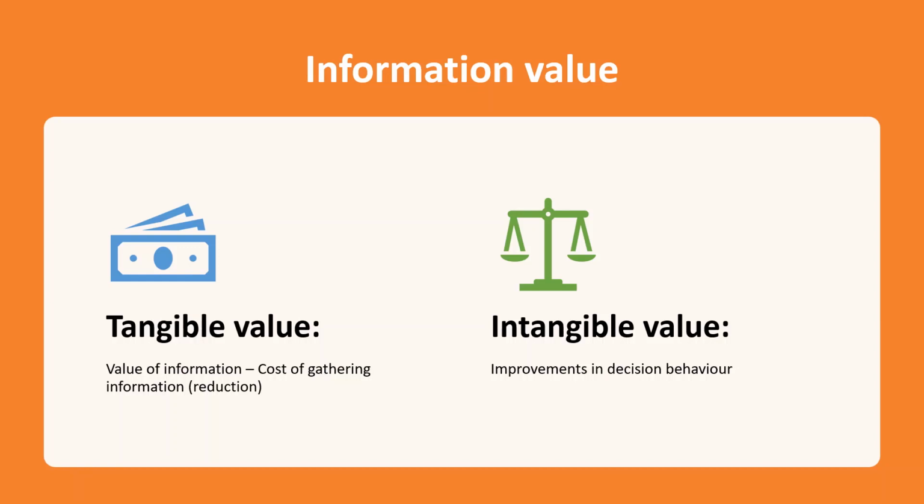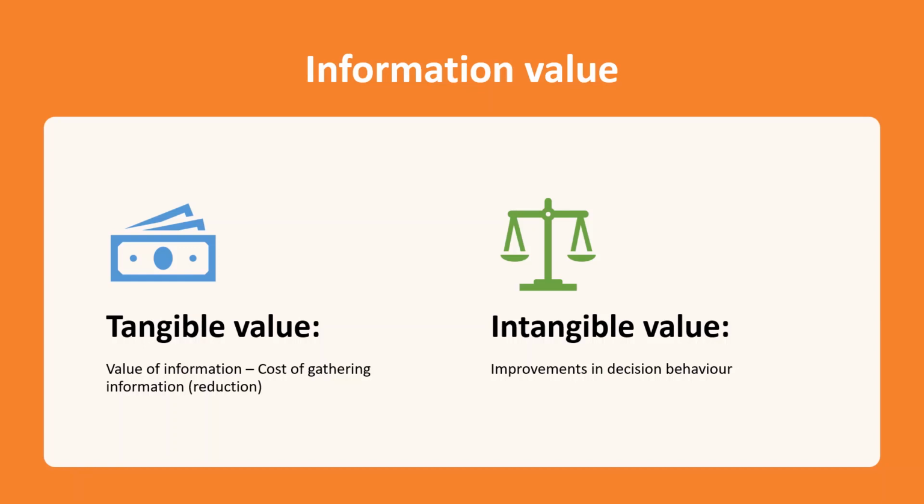So when an information system is used effectively, it can bring many improvements, which we usually classify as tangible or intangible. So that is what you're calling the tangible and intangible value of information, the tangible benefits, intangible benefits.